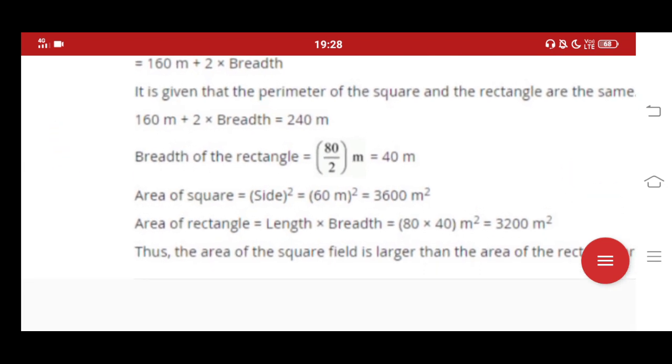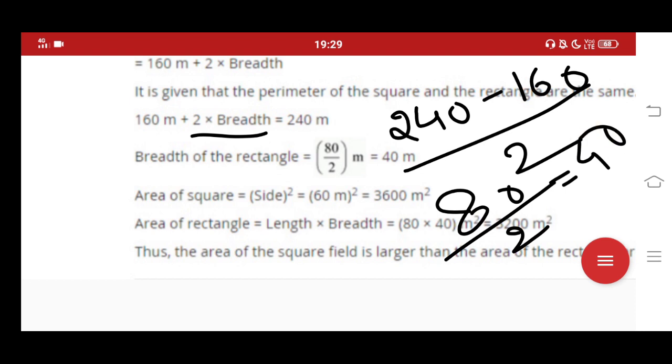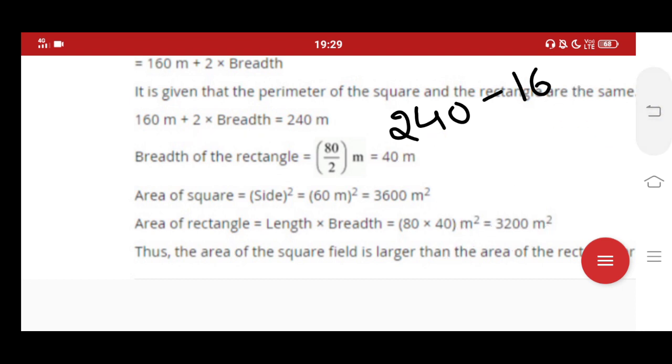If we transpose 160 to this side, it becomes 240 minus 160, and 2 into breadth, so divided by 2. Now 240 minus 160 gives us 80, divided by 2, which means 40. So 40 meter. Like this we have obtained the breadth of the rectangular field.